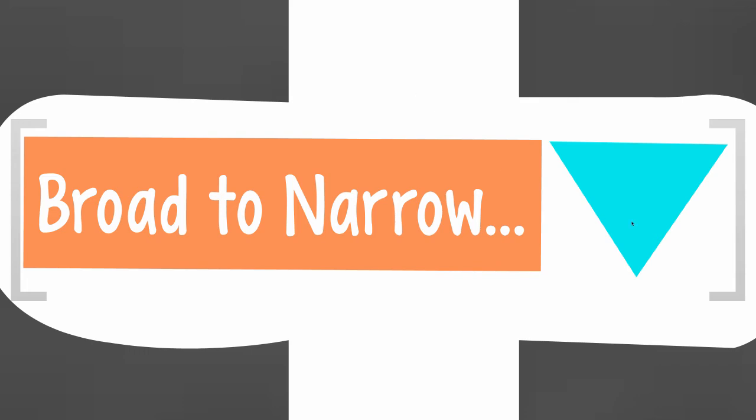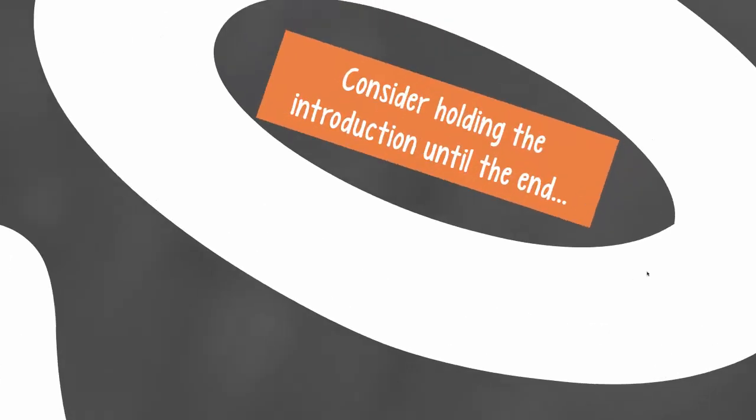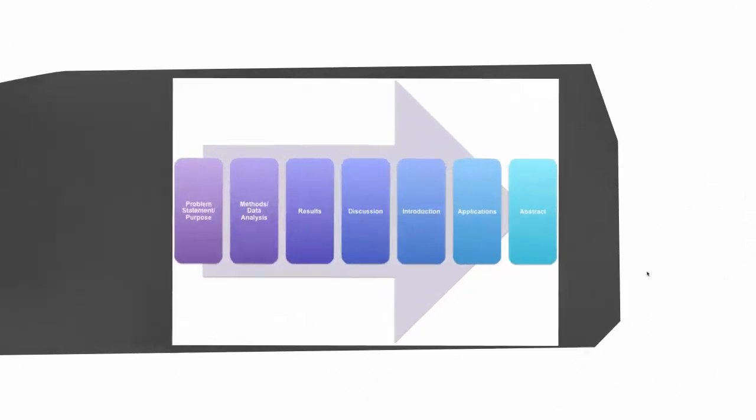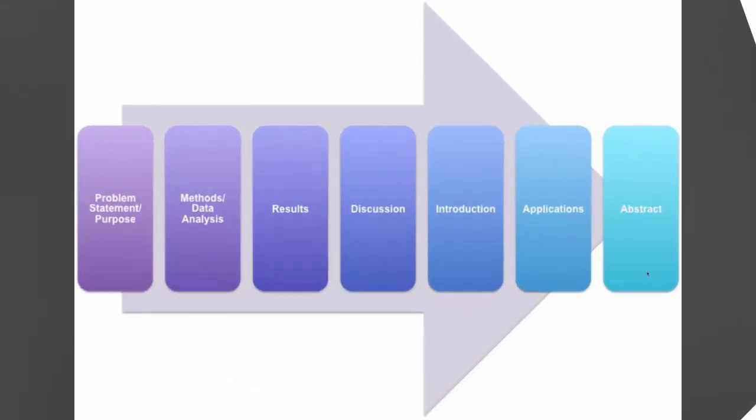So this is a little tip for when you're actually presenting your problem statement, the purpose for your study, and maybe your research questions. Now, interestingly, some researchers actually prefer to write the introduction section last. This ensures that the content that is in your methods, results, and discussion is truly reflected in your introduction and vice versa.